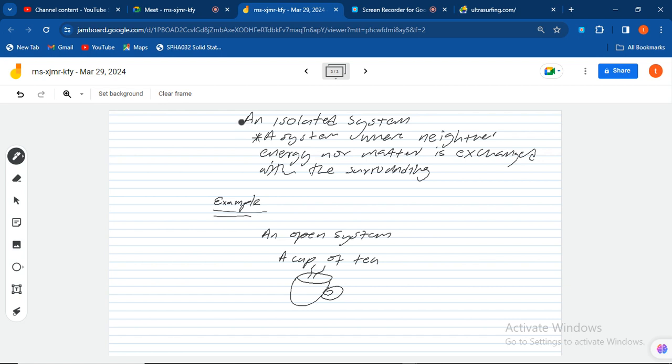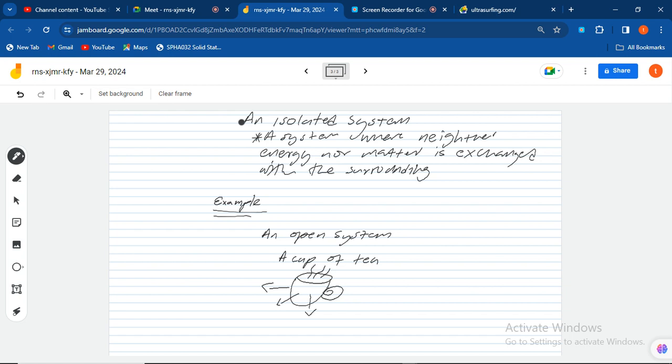There will be some steam evaporating and also heat that is being transferred. So because of that, we have what we call an open system. The steam is evaporating some mass, so that's why we are regarding it as the exchange of matter.